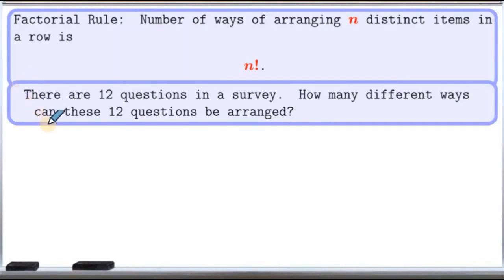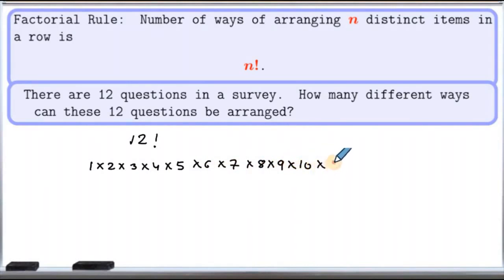So here, n in this case is 12. So the 12 factorial comes out to be 1 times 2 times 3 times 4 times 5 times 6 times 7 times 8 times 9 times 10 times 11 times 12.